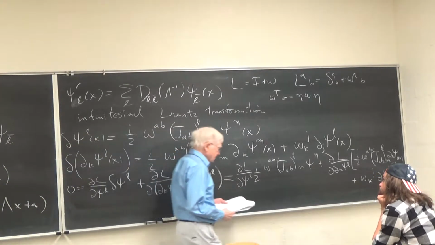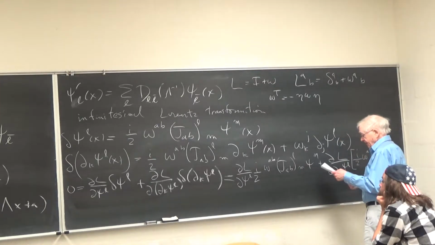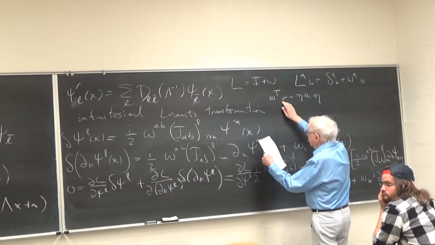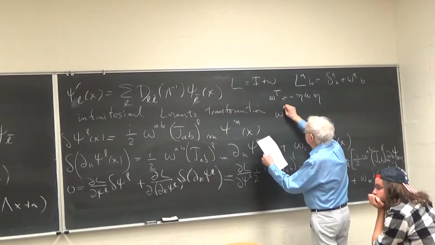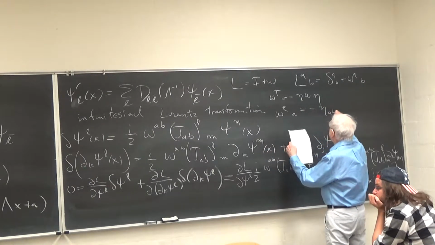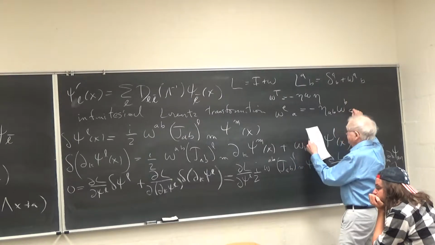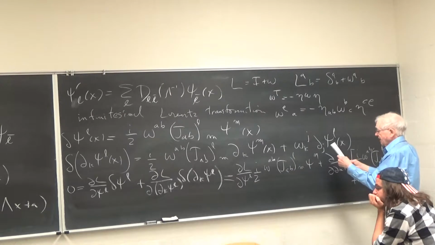And what I want to show you is that the whole thing is anti-symmetric. And so I'm going to rewrite this as omega EA is minus eta AB omega BC eta CE.